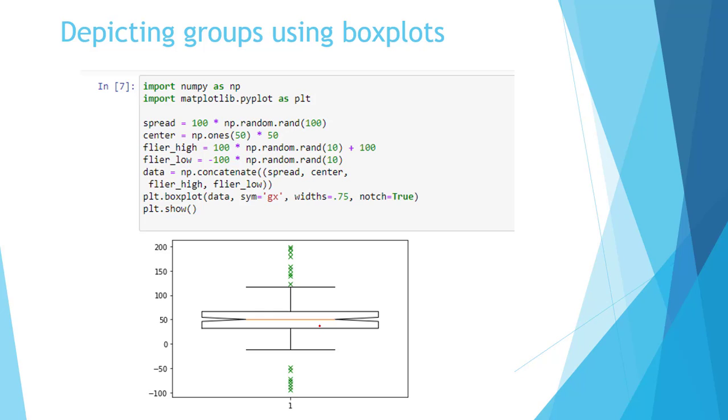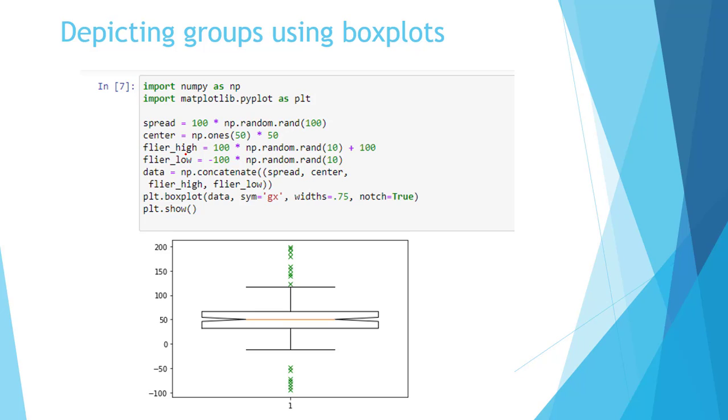So this is an example of depicting the group using the box plot. In this, first of all, we have created the spread variable which contains a set of random numbers between 0 to 100. After that, we have provided the 50 value directly in the center of the range of 50.